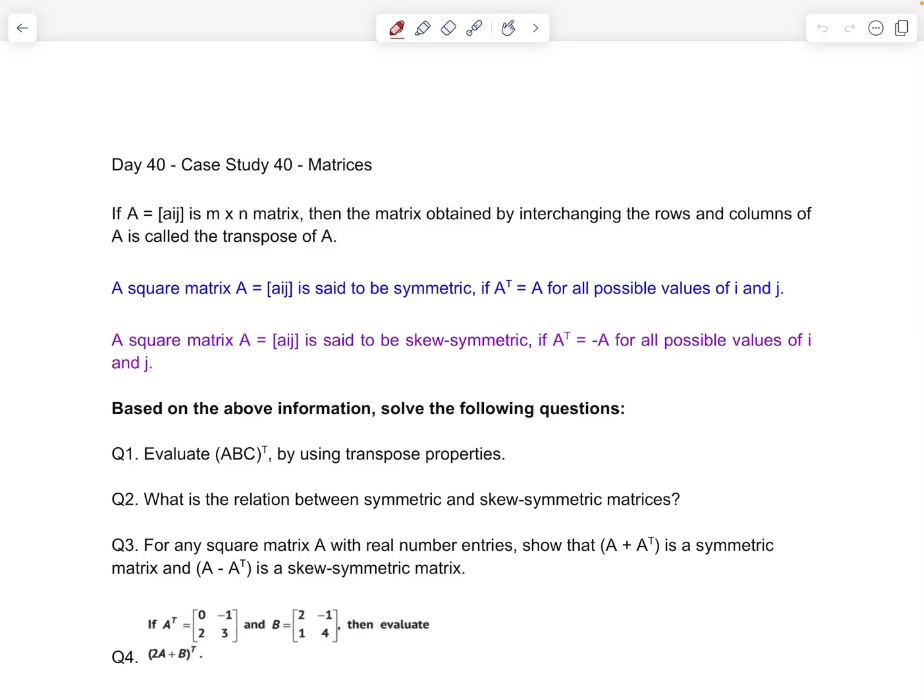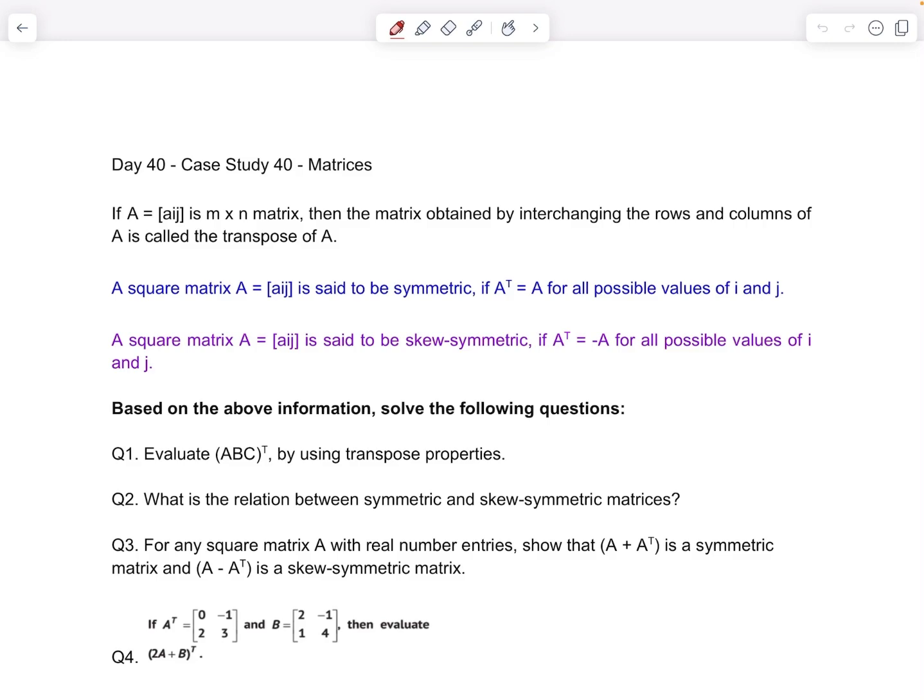Third line says a square matrix A is said to be skew symmetric if A transpose is equal to minus A. Based on the above information, solve the following questions.